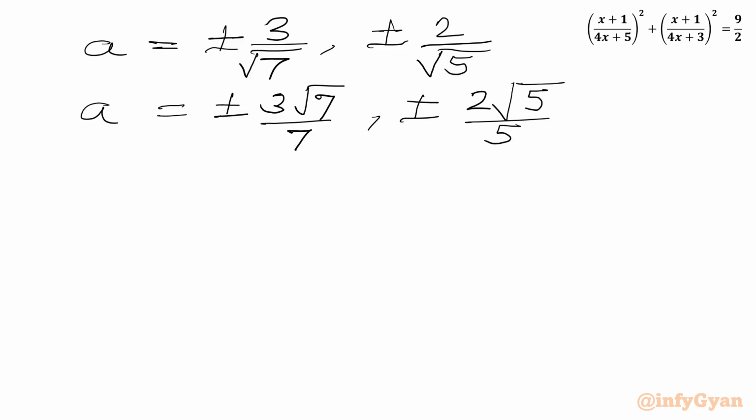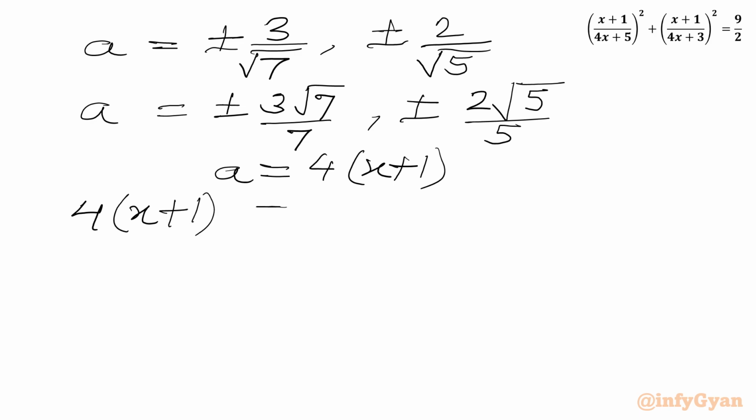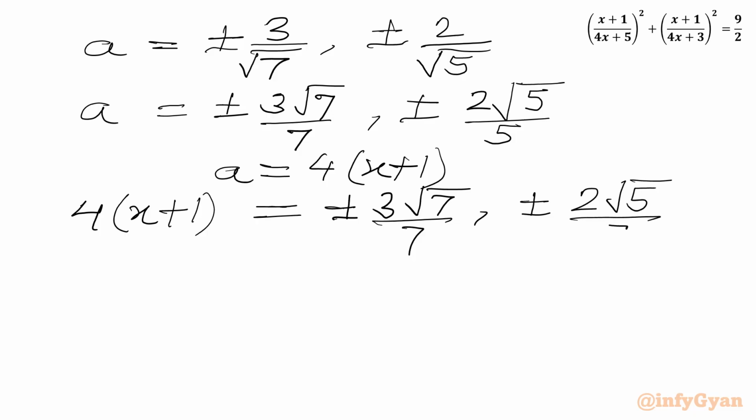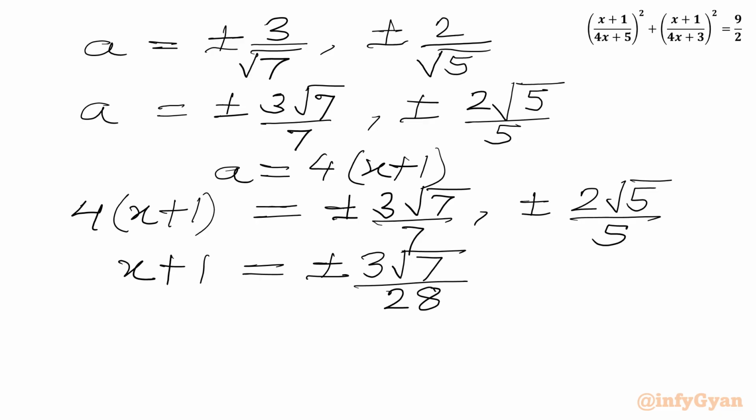A was 4 times (x + 1). So I can write here 4 times (x + 1) equal to ±3 root 7 over 7 and ±2 root 5 over 5. Now we will divide both sides by 4. So x + 1 will be equal to ±3 root 7 over 7 times 4, 28.